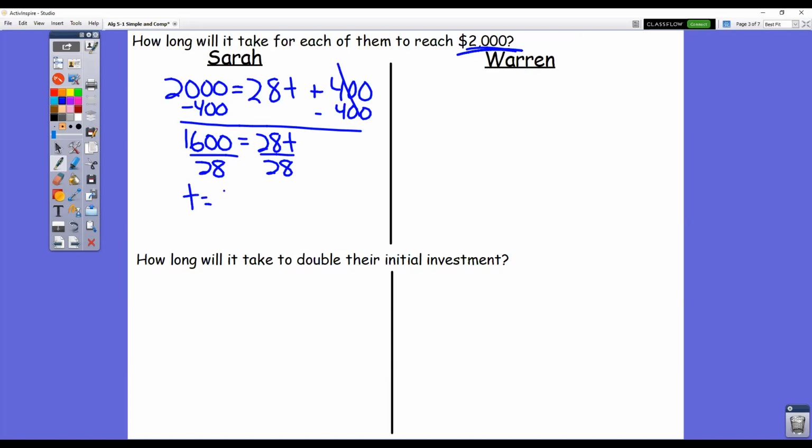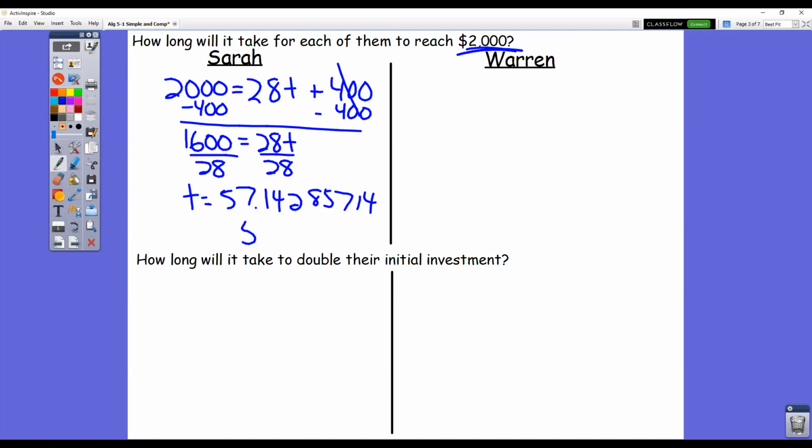We get t equals 57.14285714, and so on. How long will it take her to reach 2,000? Well, she'll have exactly 2,000 at 57 and maybe a couple months. Simple interest is given at the end of each year.